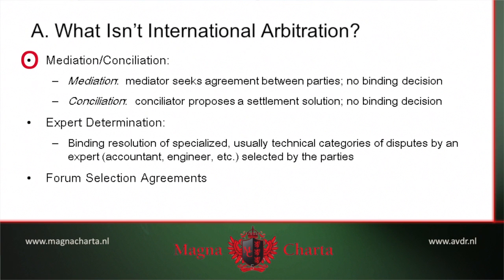A mediator or a conciliator, they're closely related processes, encourages the parties to attempt consensually to agree upon a resolution of their dispute. The mediator may recommend, may encourage, may facilitate, but what the mediator and the conciliator do not do is to resolve the parties' disputes over one party's disagreement.